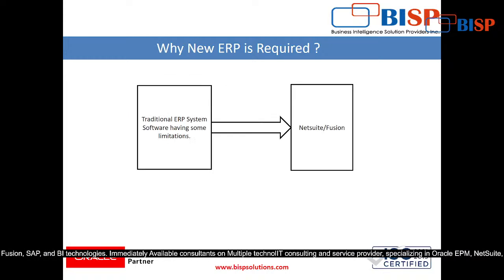When a client migrates from one application to another, there might be some limitations in the previous system, which is why they need to move into the new ERP system.